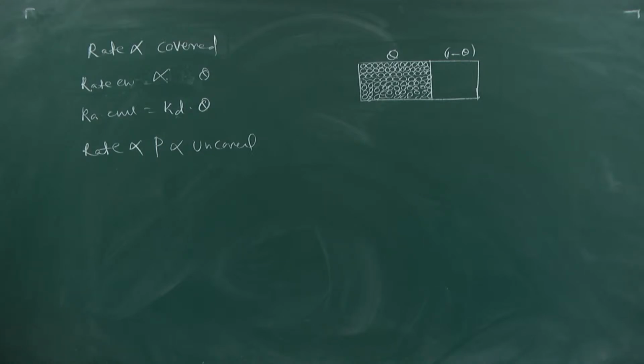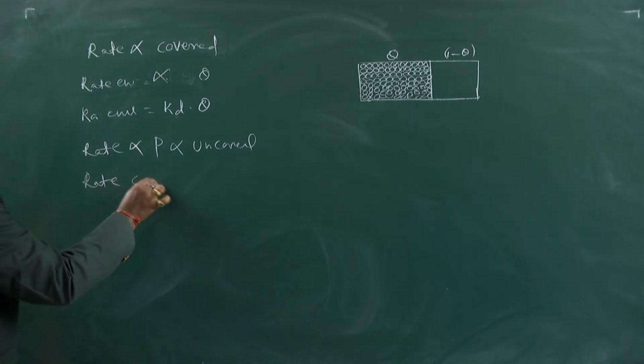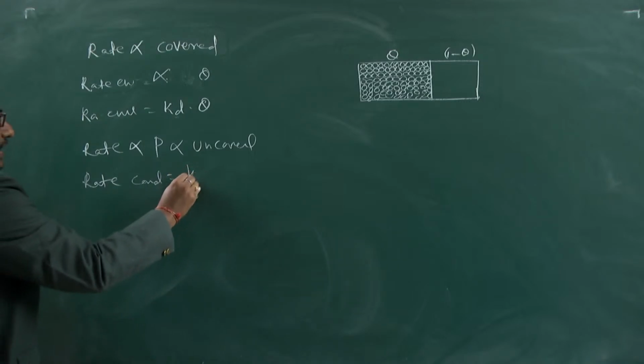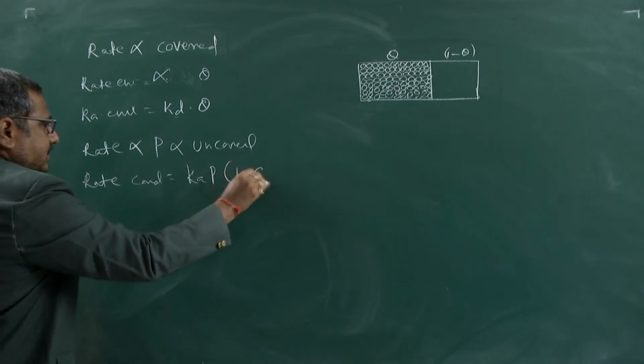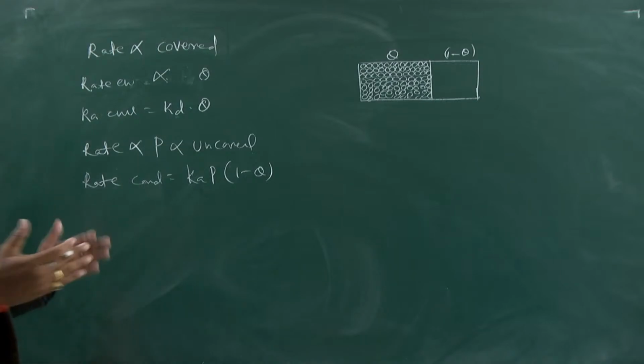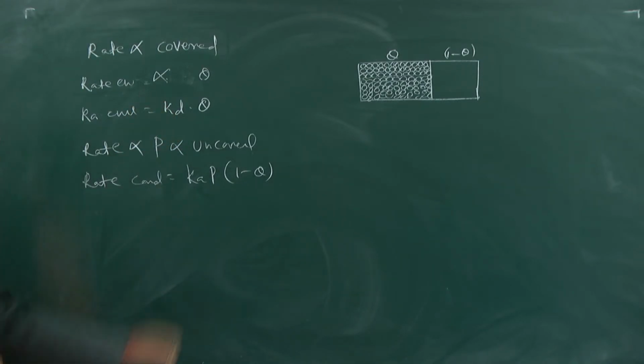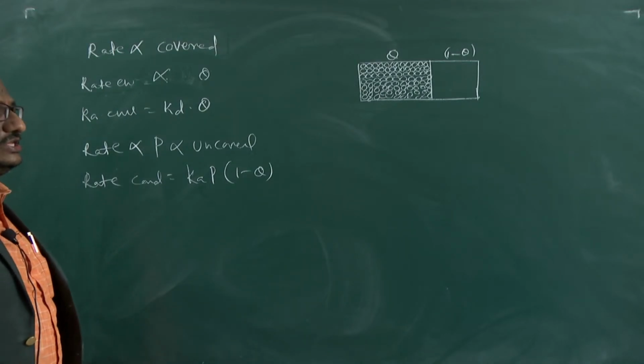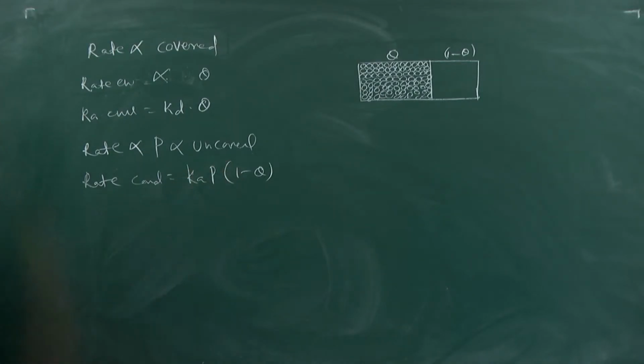So we can represent it as rate of condensation equal to Ka P (1 minus theta). A indicates adsorption, D indicates desorption. Condensation means molecules come closer to each other at that particular pressure on the uncovered area, which we represent as 1 minus theta.